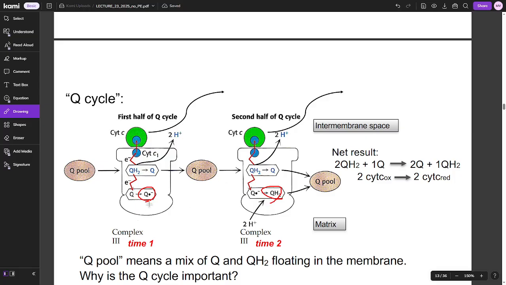So the difference between these two is this QH2 versus Q radical. Now we've sent 2 electrons up here after this second round, and we also have another 2 electrons here that can be sent. So that's the main idea I want to get across there.